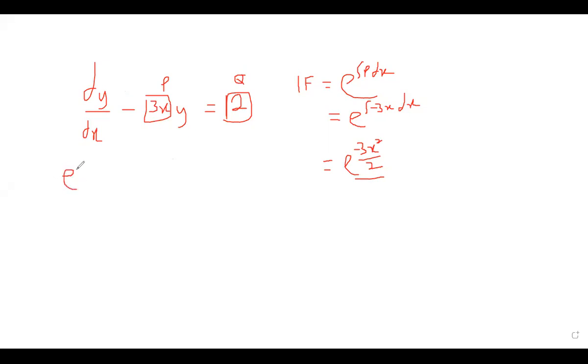Which means that we have e raised to the power minus 3x squared over 2, times whatever is on the left side, which is dy/dx minus 3xy, equal to 2 times e raised to the power minus 3x squared over 2.